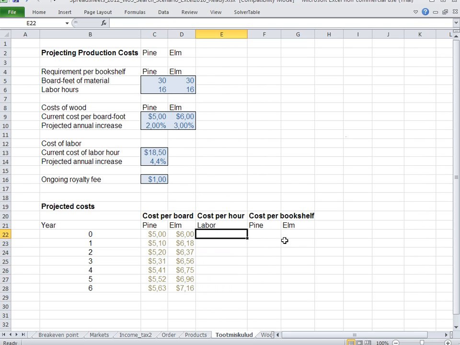So it goes like this, equals, and the first value is often just this initial one, C13 or $18.5, and the second value equals the previous one inflated by 4.4%, or multiplied by, parentheses begin, 1 plus 4.4%. This means 4.4% is, again, remember how it went.